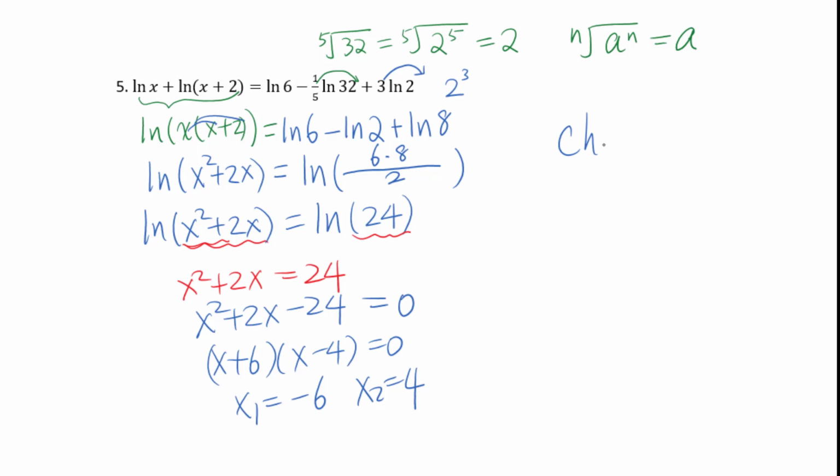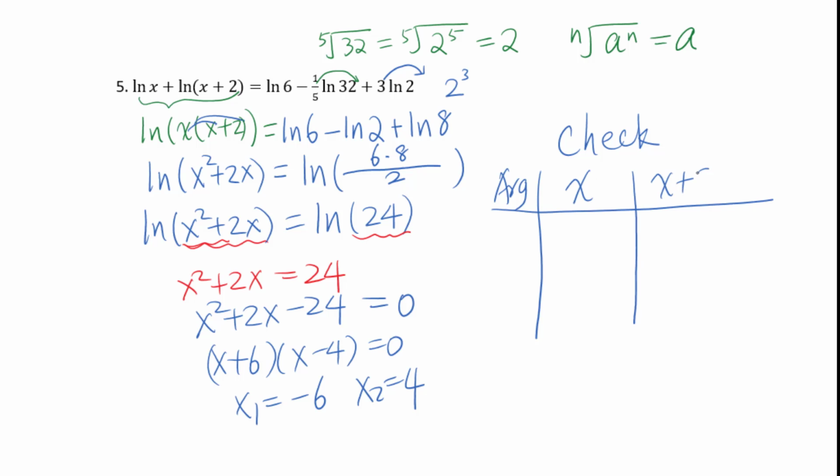Then we need to check. For the arguments, we have two arguments with the variable: x and x plus 2. Plug negative 6 into this x, it is negative, so we cross it out.